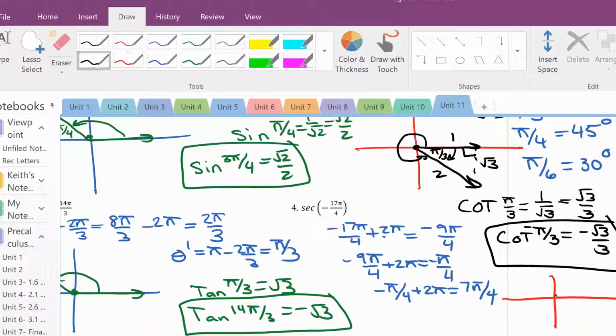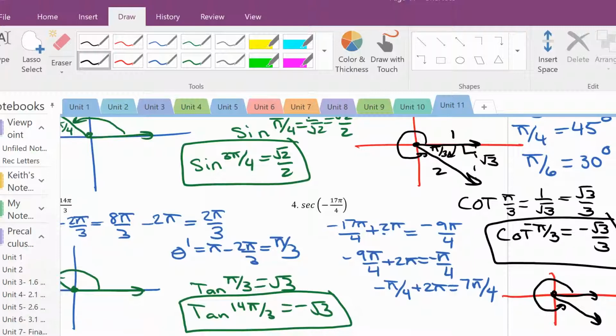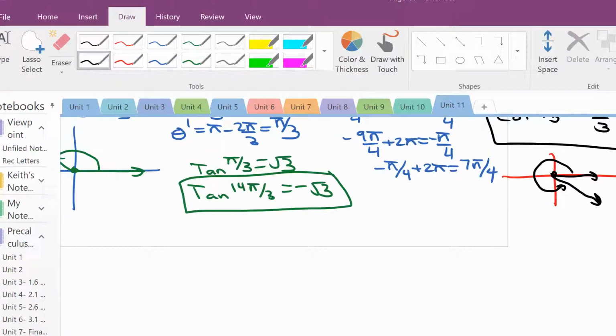And then fourth quadrant. So the reference angle here, when you find it, is 2 pi minus 7 pi over 4, which is pi over 4.